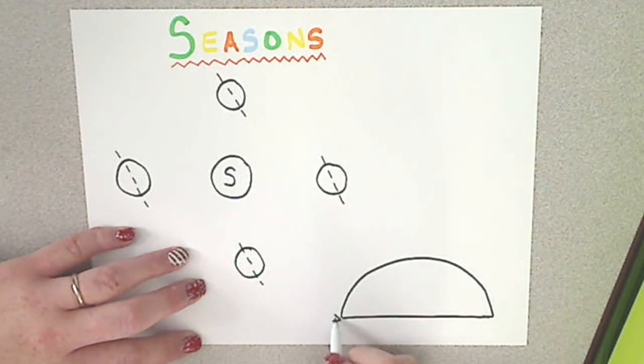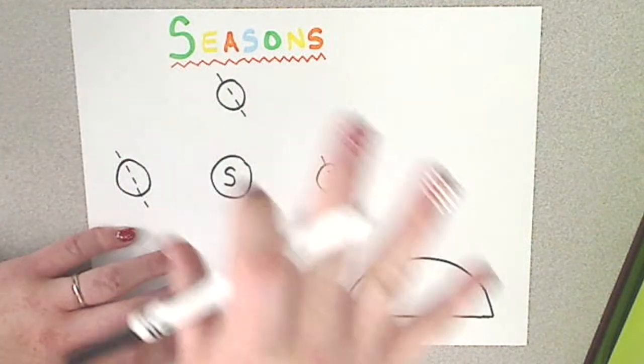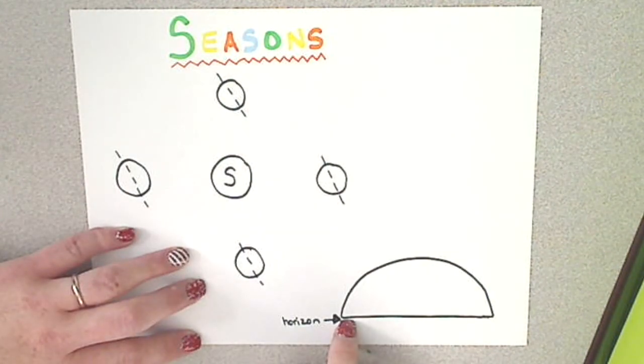So for this one, you need to understand that this bottom row represents the horizon of the Earth. Okay, so that means that that's the ground, that's the horizon. When you look out across the sky, where the ground meets the sky, as far as you can see, that's your horizon.